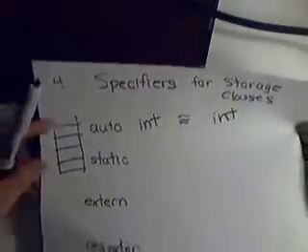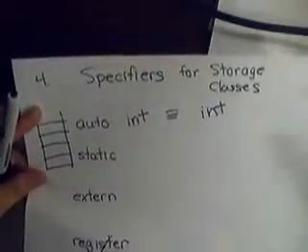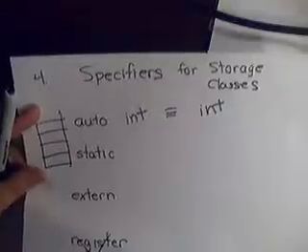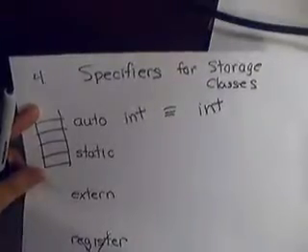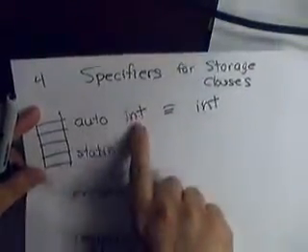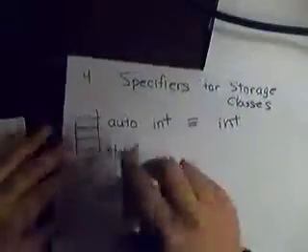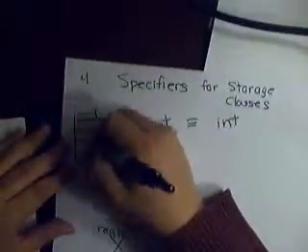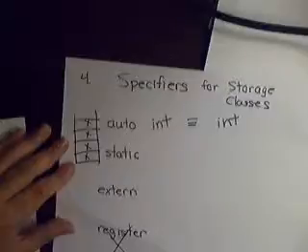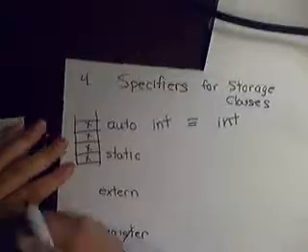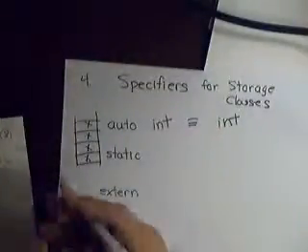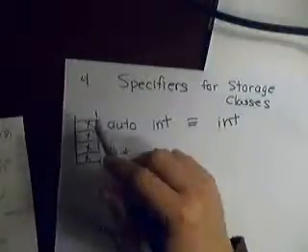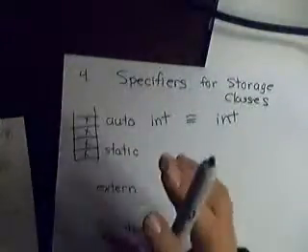So as soon as the C program hits something like auto int, it's going to go to memory and reserve 4 bytes for it. Then you can proceed to do whatever you want to do. This means that it reserves memory right away.